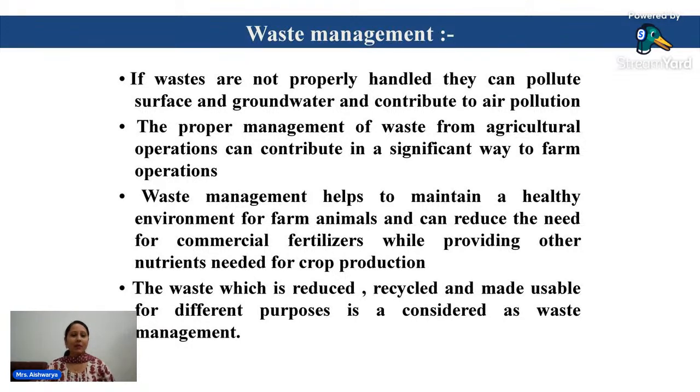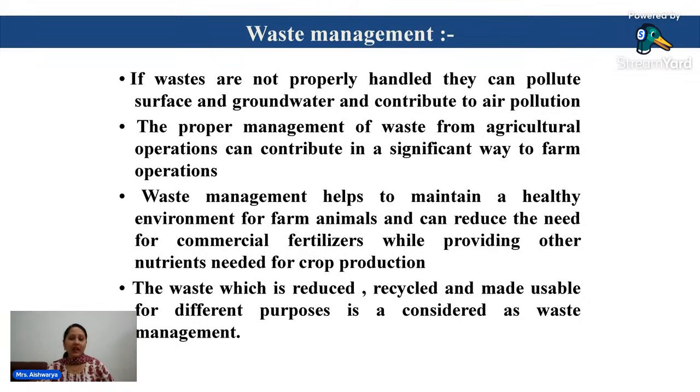So let us discuss waste management. If waste is not properly handled, it can pollute surface water and groundwater and contribute to air pollution. Plus, the proper management of waste from agricultural operations can contribute in a significant way to farm operations as well.